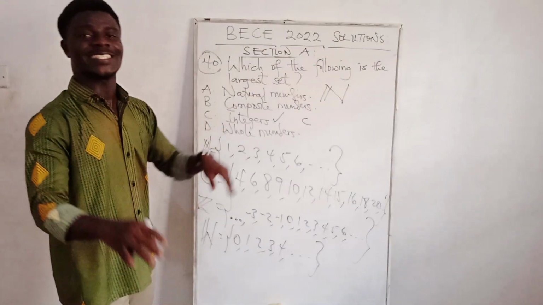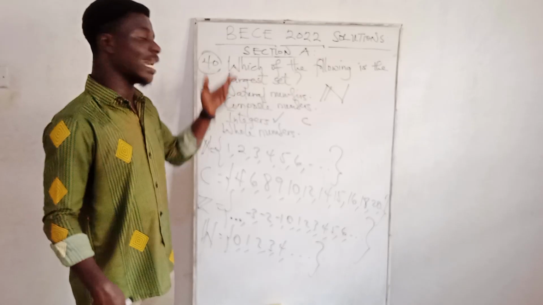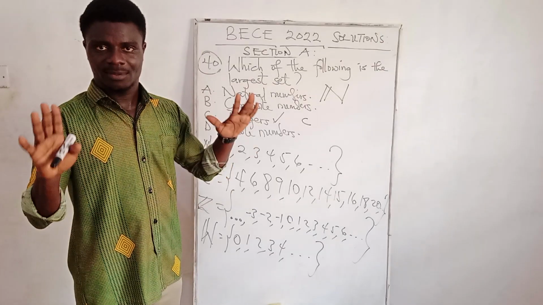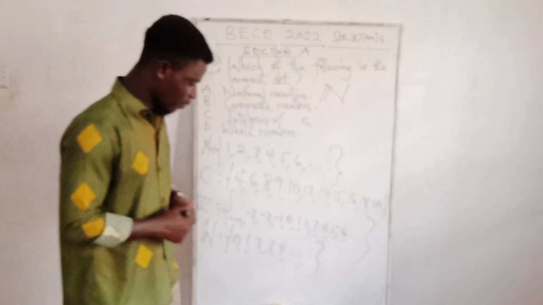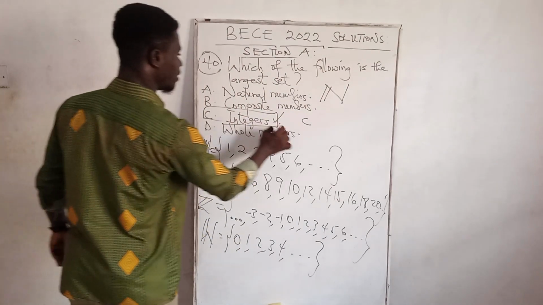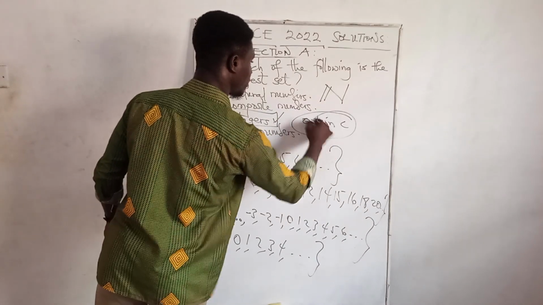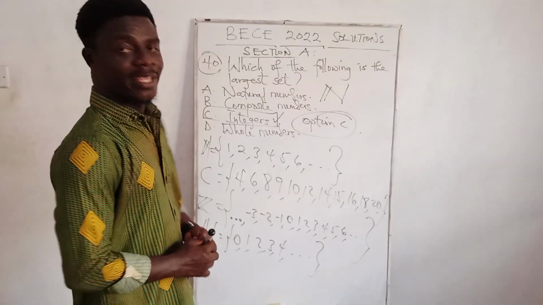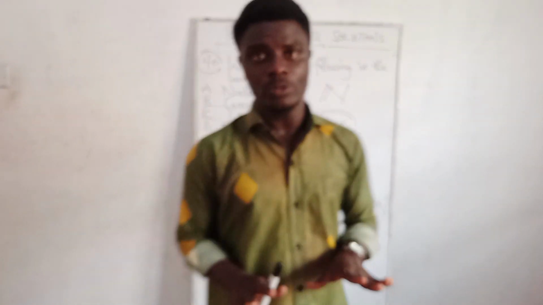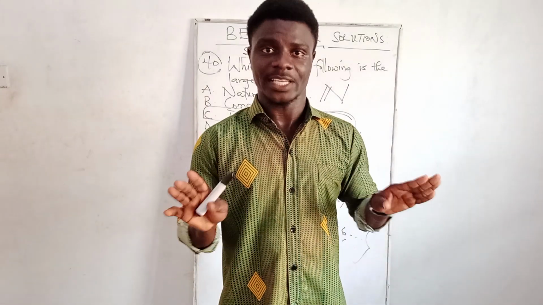So integers is their mother set, and all these guys are subsets. Thank you very much. So the answer is option C.